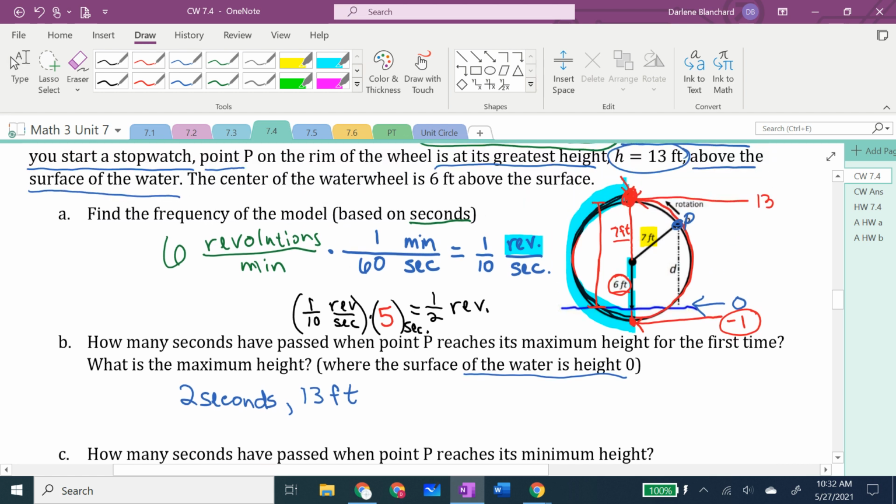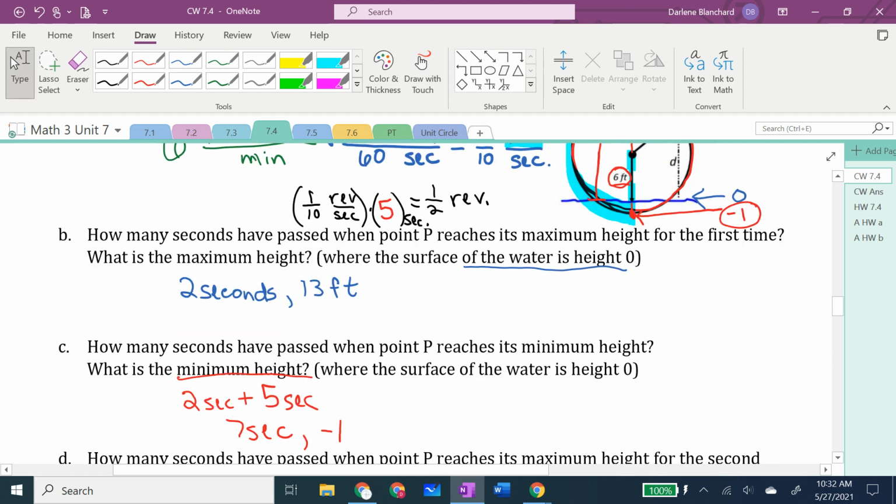And I'm trying to remember, that was in feet. So -1 feet.